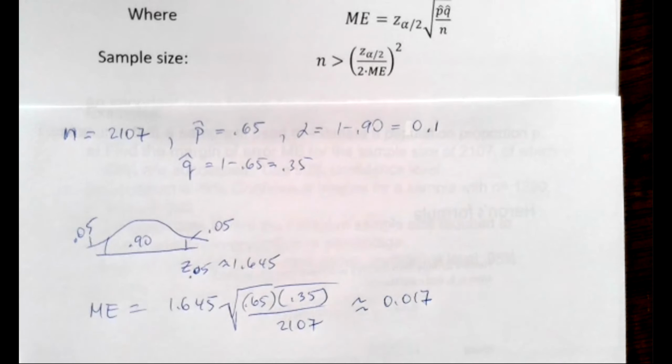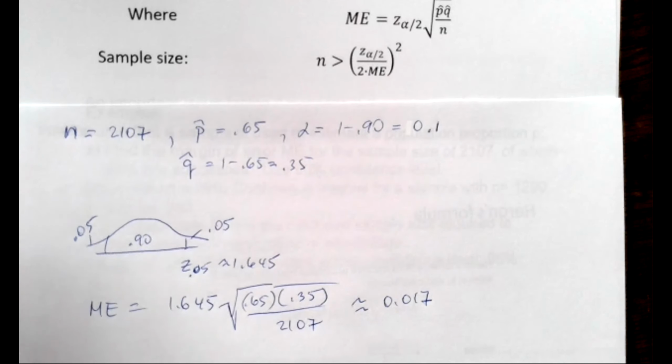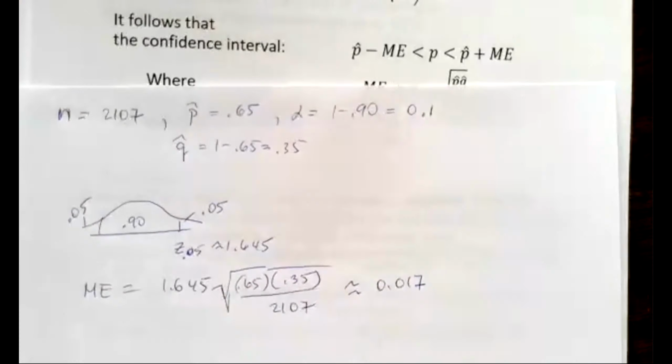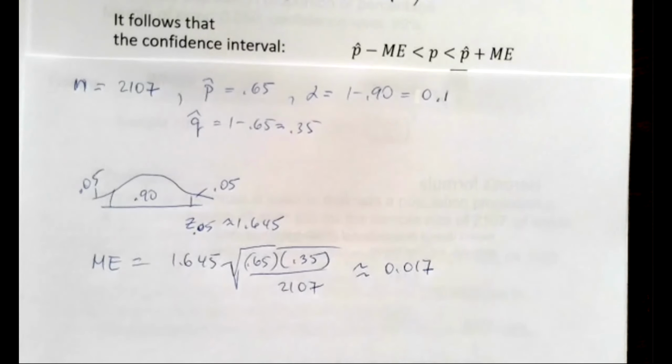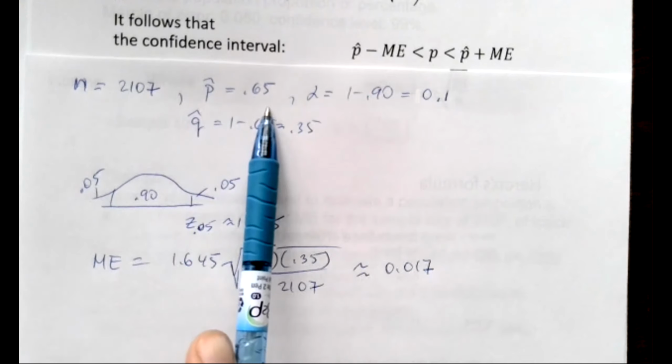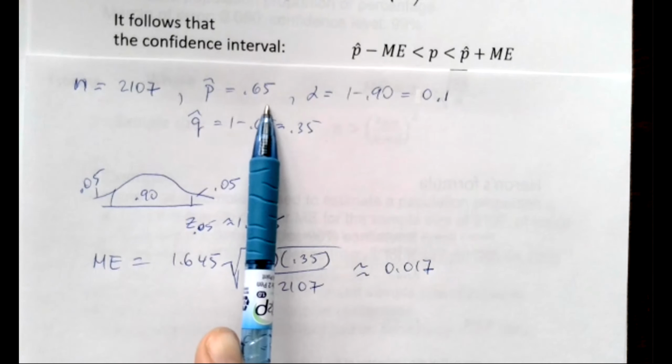So my margin of error is 0.017. Now, in order to actually build an interval for the proportion, I'm going to use this formula. So again, my point estimate for the population proportion would be the same as the sample proportion, 0.65.